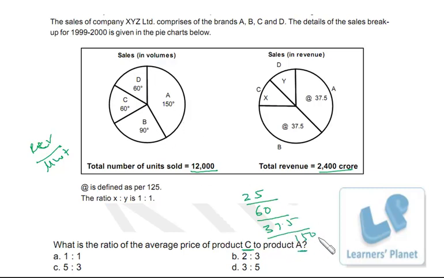So this way you can reduce the calculation. Okay, now the things become very simple. 25 by 60 into 150 by 37.5. Okay. So the ratio is 5:3.